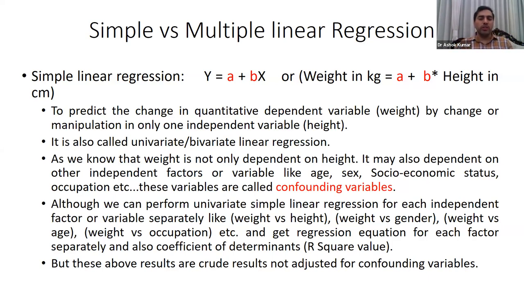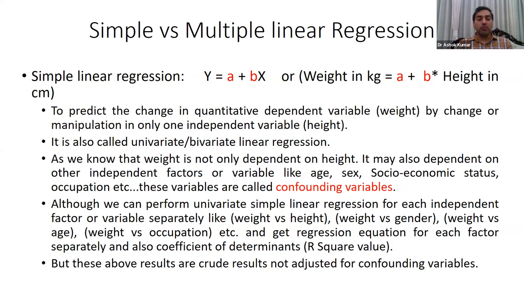Although we can perform univariate simple linear regression for each independent factor separately, like weight versus height, weight versus gender, weight versus age, weight versus occupation, and get a regression equation, beta coefficient, or coefficient of determination, the R square value, for each factor separately.